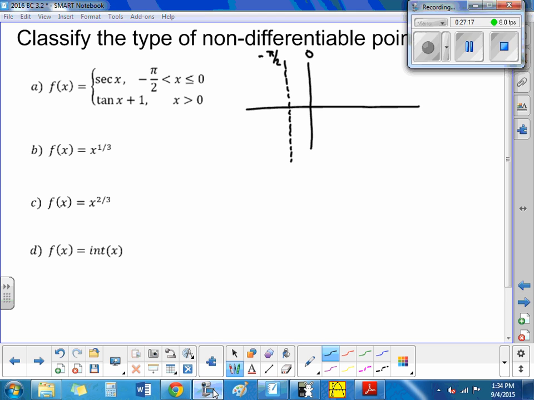If you have to peek on the wall, you can peek on the wall. Okay, so we're not drawing much of it. We're just drawing this piece here. And tangent x shifted up a space.